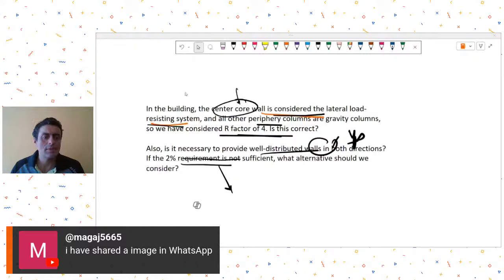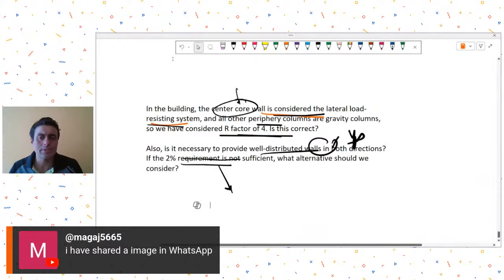Let me check the 16700. I think this 2% that he is saying, this was the requirement of well distributed walls. No, 25% it said.